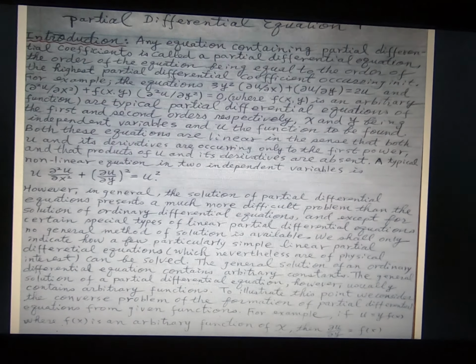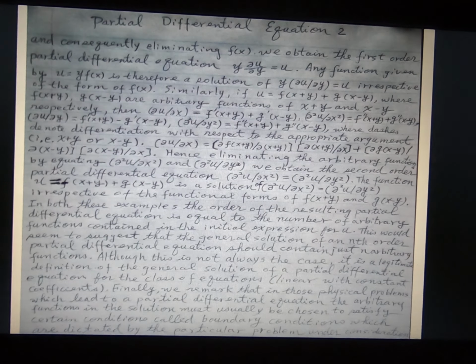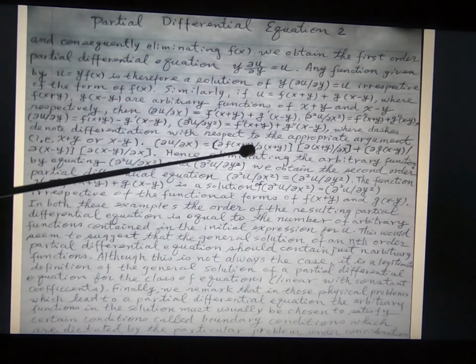And you can use the function and then get the partial differential equation like this. However, it's much harder to solve, if not impossible.